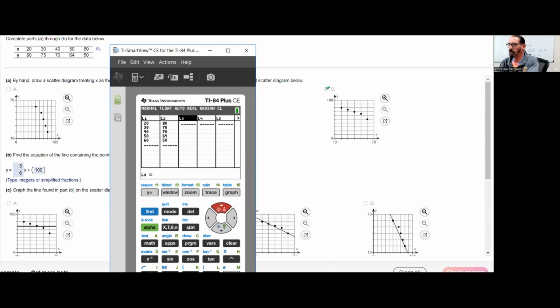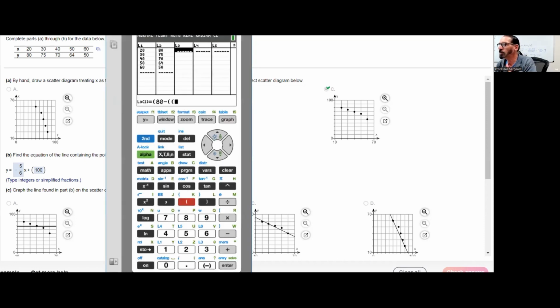A residual is the observed value minus the predicted value. For example, for that first point, the observed value is 80 minus the predicted value.